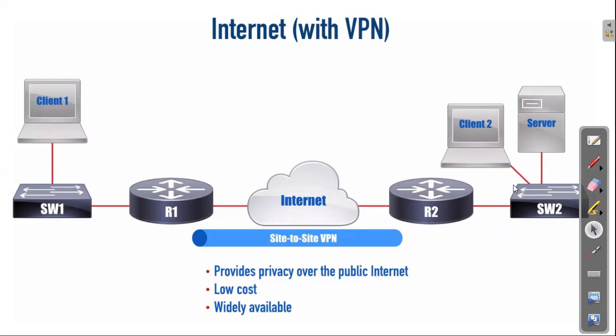So it is connected to the internet, but it is maintaining a little bit of privacy. That means R1 can communicate with R2 without interacting with anybody outside. So no one can see the data. It will encapsulate it. Okay, this is low cost, widely available.